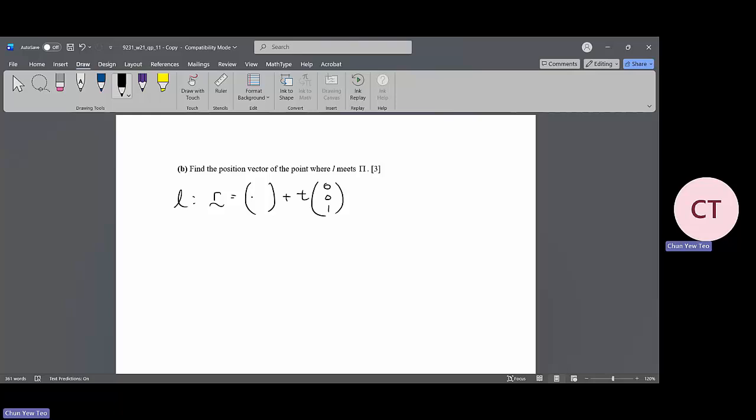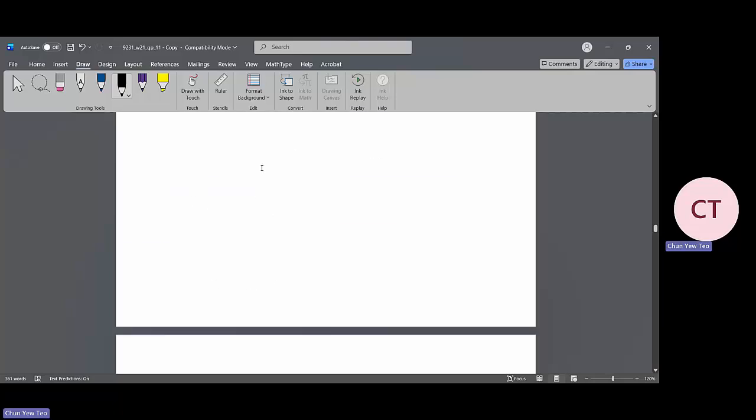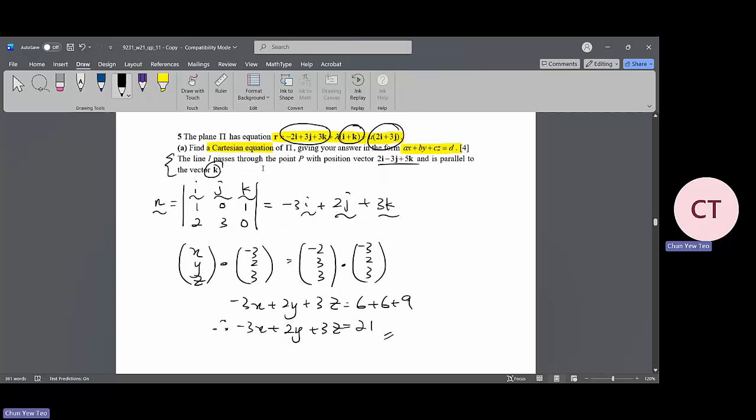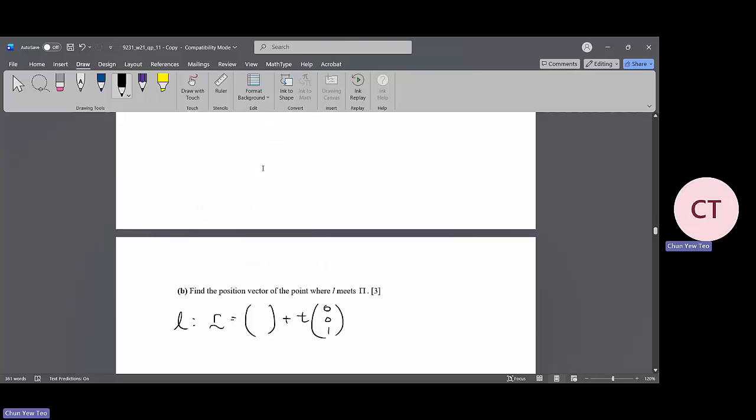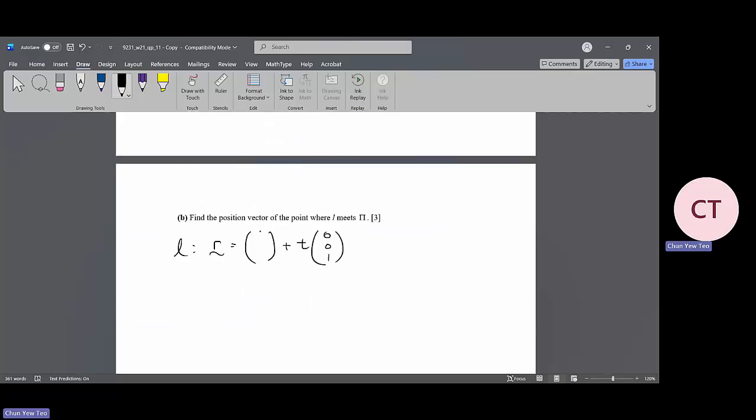So B just now was 2, negative 3, 5. So we write like this. Okay, so we want to find where L meets pi. So that means we need to find the intersection between the line and the plane.